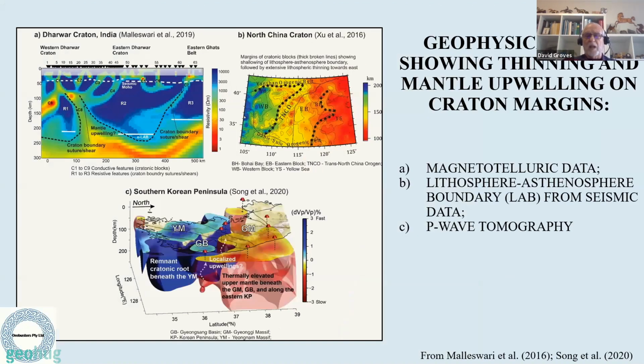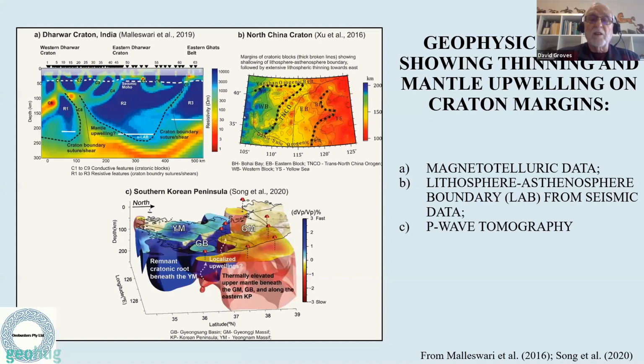And if we look at what happens around these Craton margins, we can see from the magnetotelluric image of the Darwin Craton there, we've got very, very deep fault structures extending way below the Moho, which is the white line, into the deep mantle.